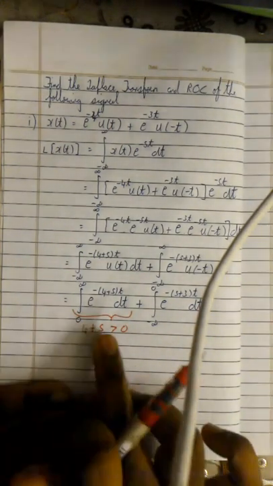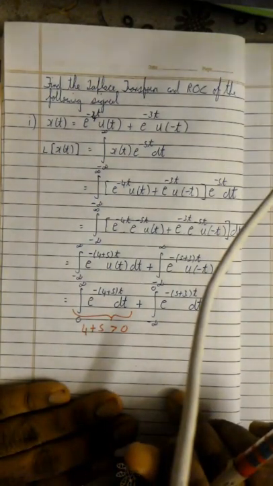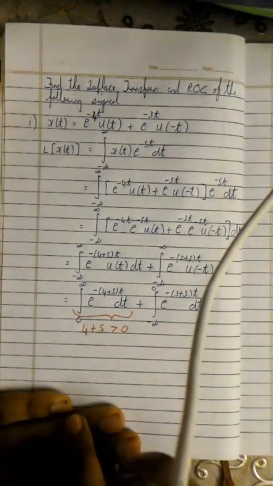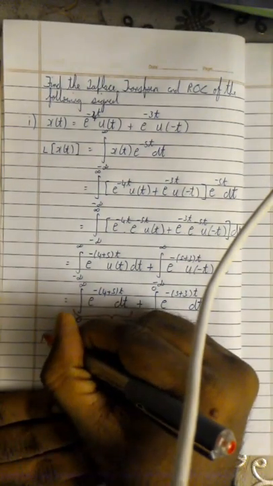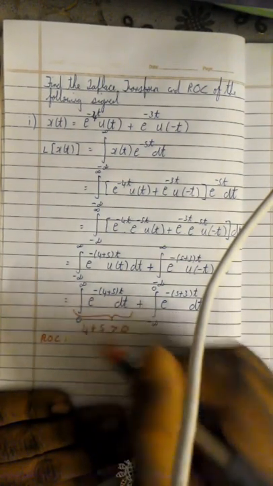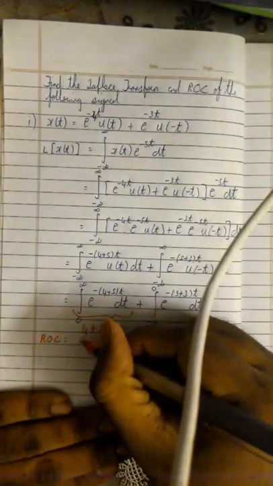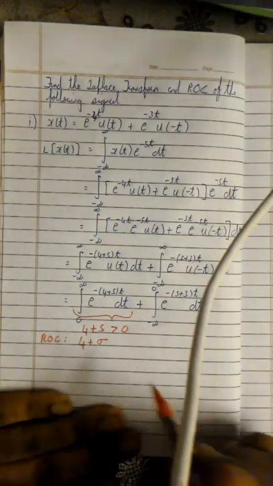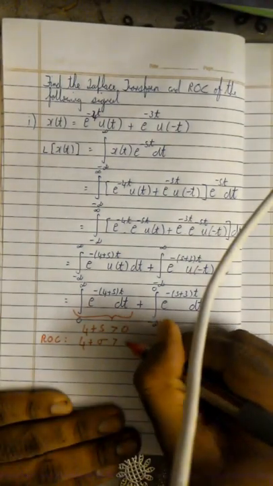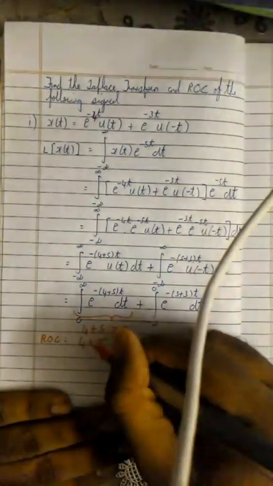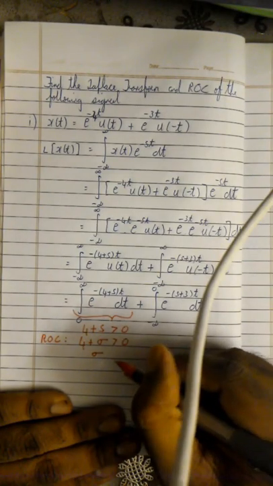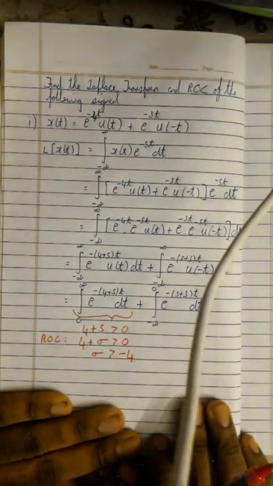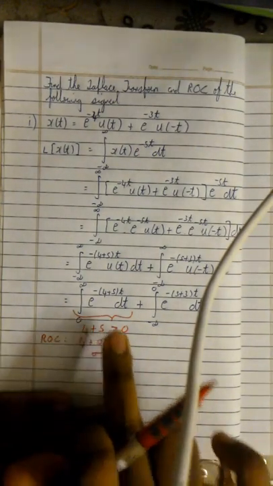Or in other words, s is equal to sigma plus j omega. So the real part is 4 plus sigma. So the ROC of the first term will be 4 plus real part of s, we can write in any way we want, is greater than 0. Or in other words, sigma must be greater than minus 4. This is the region of convergence of the first term.